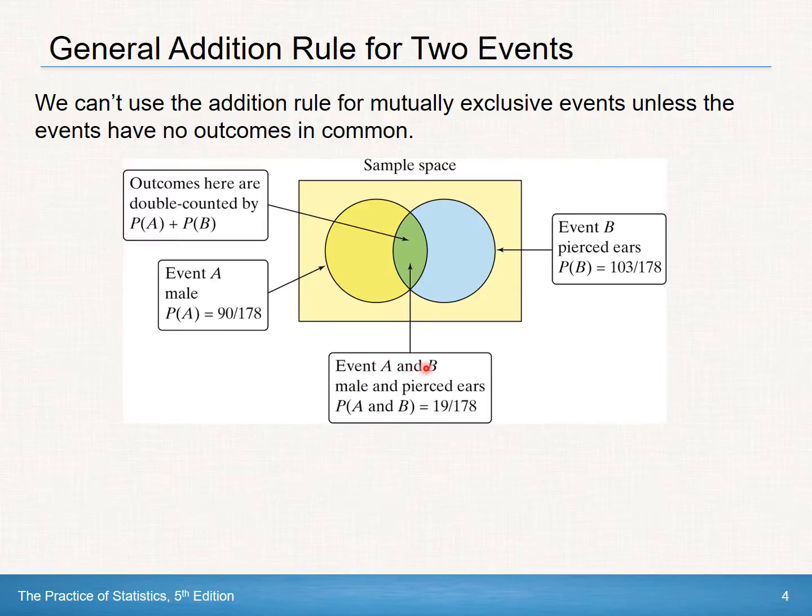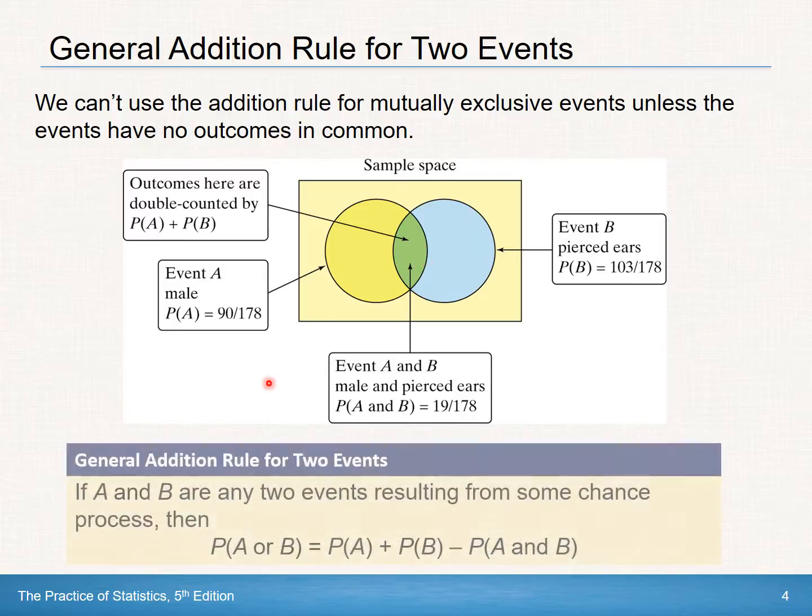The probability of event A and B, males and pierced ears, was 19 out of 178. They overlap. The probability of having pierced ears, the whole blue circle, is 103 out of 178, and the probability of event A being a male was 90 out of 178. This 19 in the middle overlaps and belongs to both events.